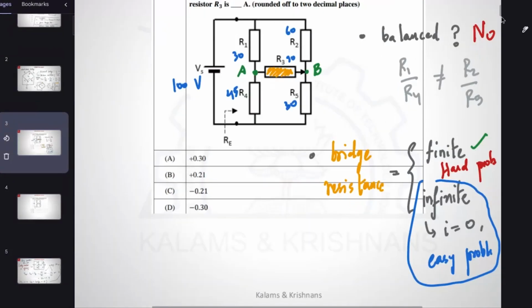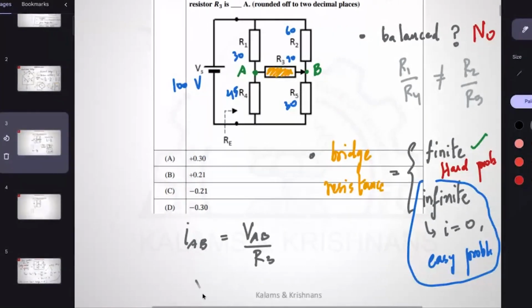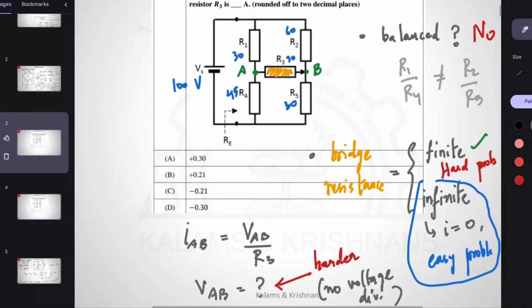Notice IAB equals VAB by R3. But now the question is, what is VAB? You can't apply voltage division. Come on, with whatever we have learned, what do we do?